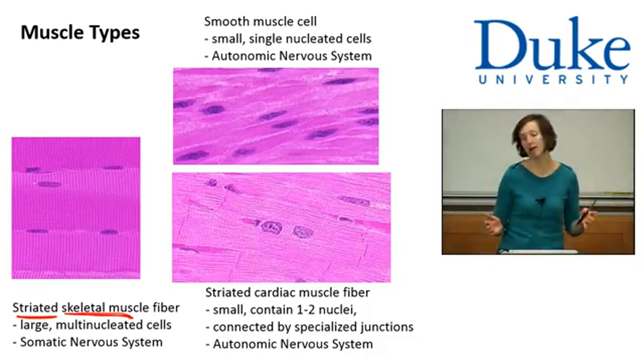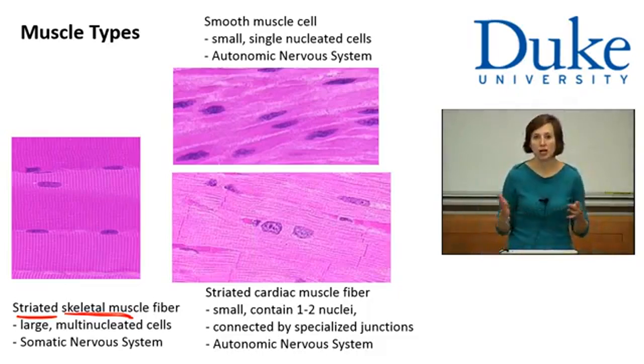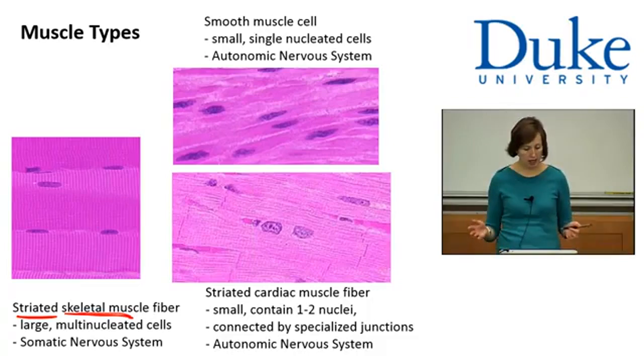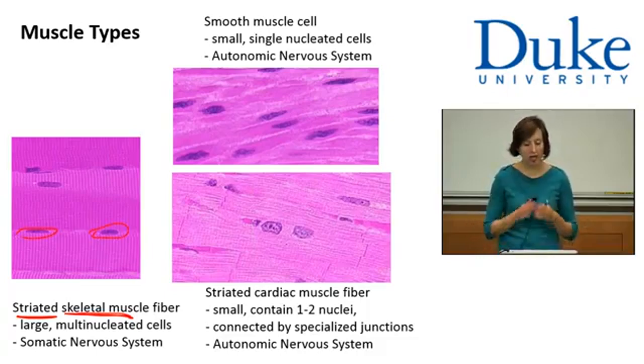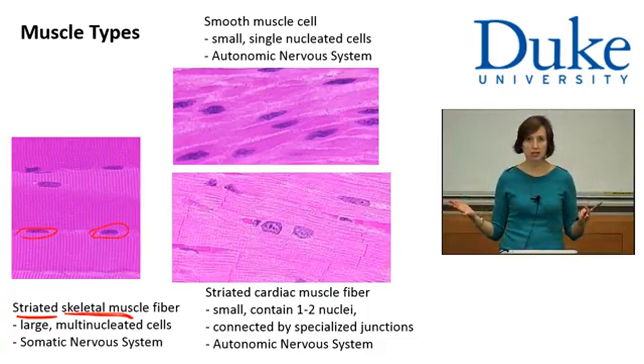So they're going to be very large, and they're actually going to be multinucleate. They're going to have many nuclei. That's what most of these are that you can see in this diagram, and they're at the edge of the cell or fiber. And then, of course, it's going to be controlled by the somatic nervous system.